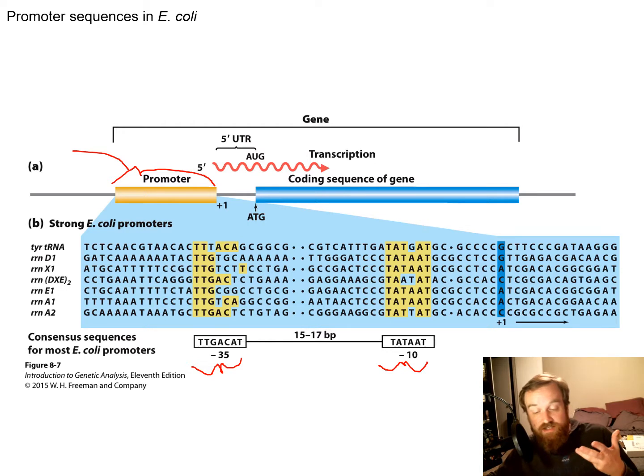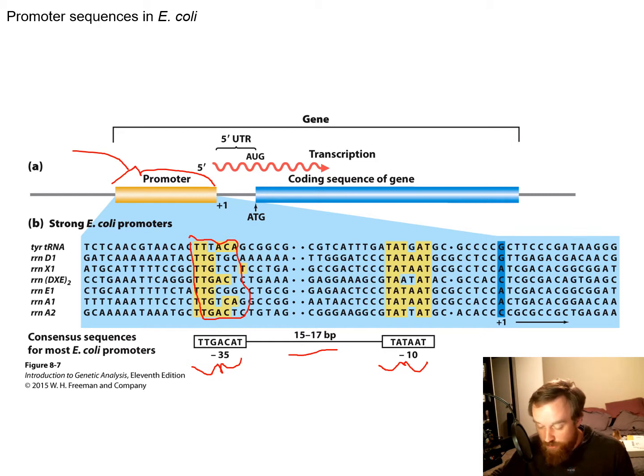Mind you, this is in E. coli, this is in prokaryotes, not in eukaryotes. But we have this -35 and this -10 region, and then there's usually 15 to 17 base pairs in between them. And these are consensus sites that hold very similar sequence identity. So if we look at the boxes highlighted in yellow here, we'll see that there are these kind of conserved nucleotides generally in these different genes here within E. coli.